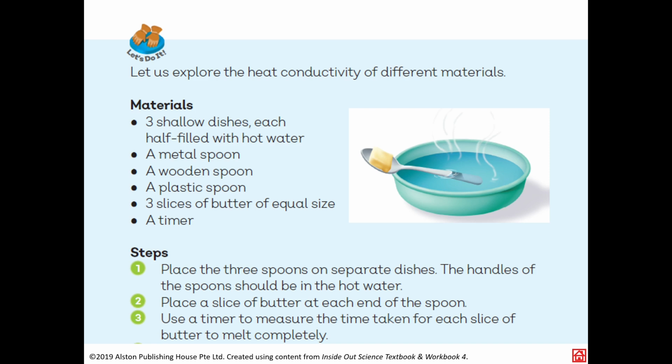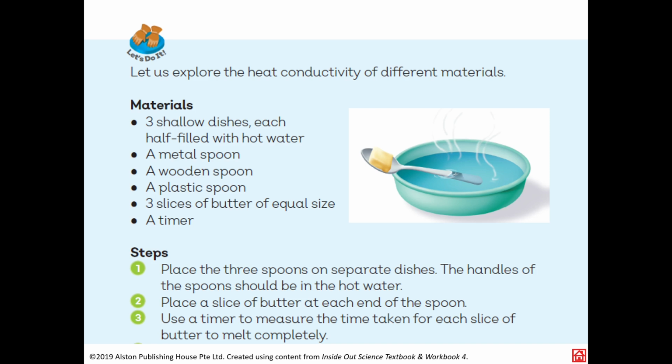If you don't have a wooden spoon, you can use an ice cream stick or popsicle sticks. And then you need slices of butter of equal size, which you put on your spoons.